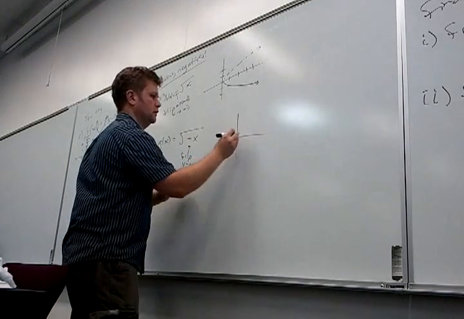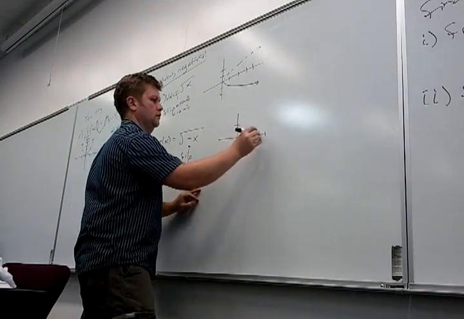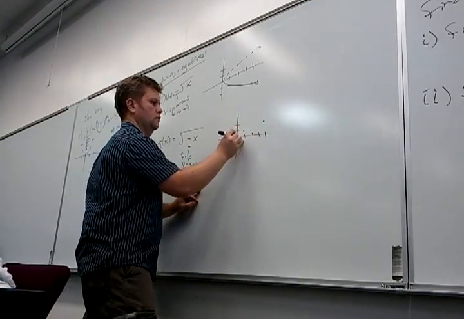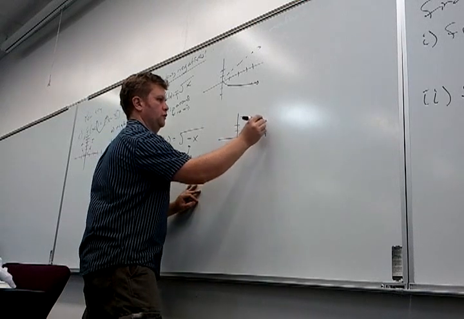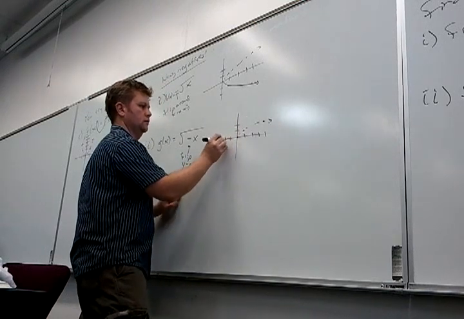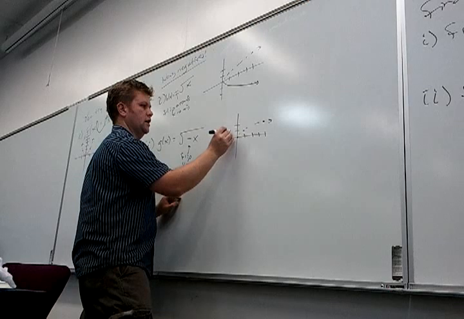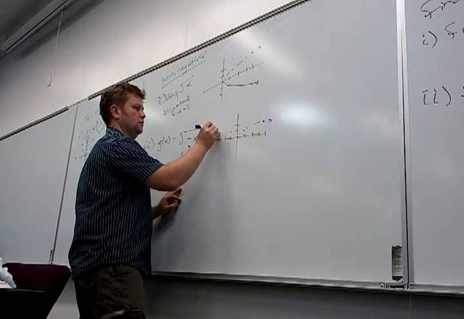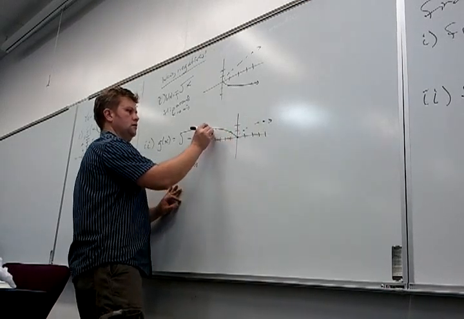So it would take the base graph and it would flip it this way. Every point now becomes there. That point becomes there. Yeehaw.